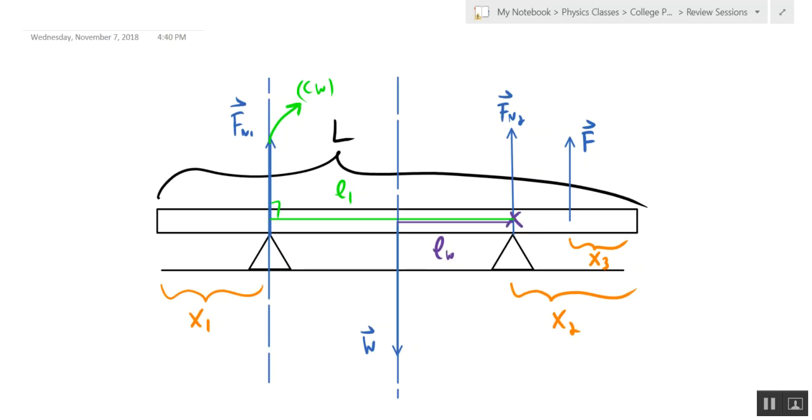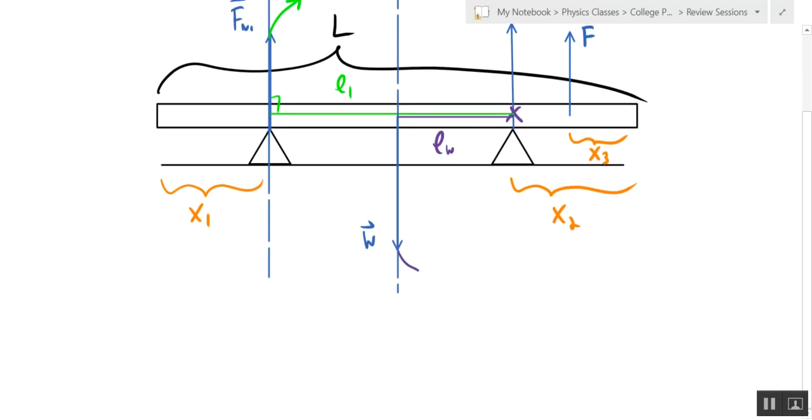You know where the center is, so it's half the length minus x2, right? Yes. Now, what's the sign of the torque from the weight? It makes it rotate like this, which would be counterclockwise, positive.